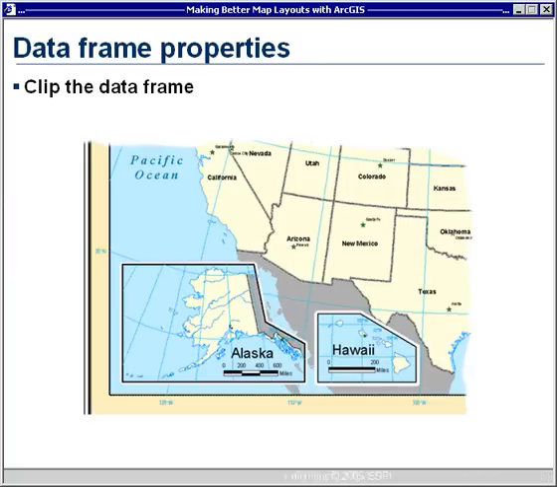In this example, we've got a map of the continental US, and at that scale, Alaska and Hawaii simply wouldn't appear. So we brought in Alaska and Hawaii, but we needed to clip them both so that we wouldn't obscure any information here or in here if we just had a simple rectangle. We'll show you how to do this in the upcoming software demonstration.